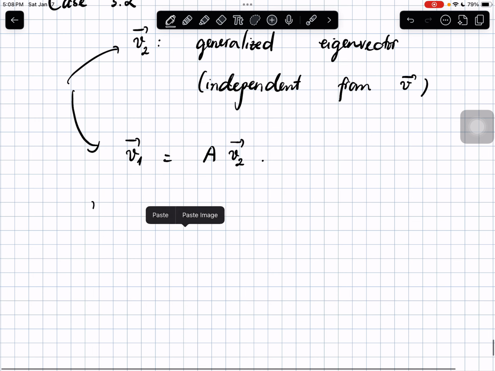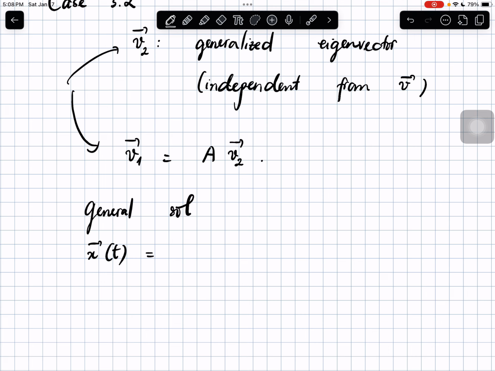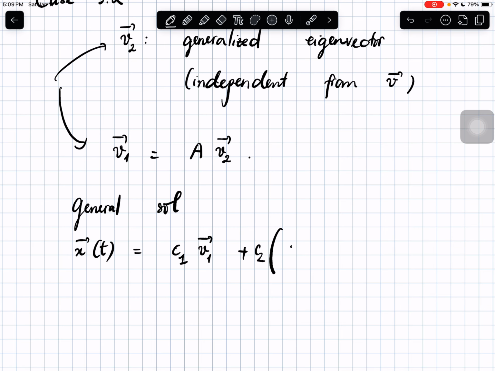This gives us the general solution x(t) equals the first eigenfunction c1 V1 e^(lambda1 t), and lambda1 t is 0t, so the exponential is just 1 here, plus the generalized one c2 (V1 t plus V2) e^(lambda2 t), which is also 1.